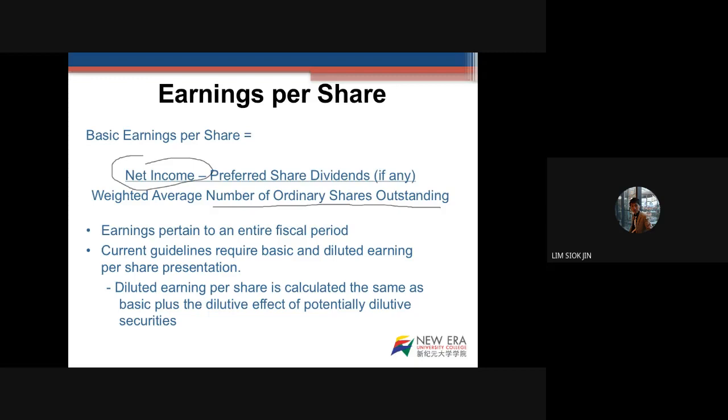Why average? Because the number of shares in the company can change from time to time. Again, a company is like a pizza. They cut the pizza, and you see how many slices you buy. At the beginning of the year, maybe they cut the pizza into 10 slices. Then in the middle of the year, the same pizza, they cut into 5 slices.